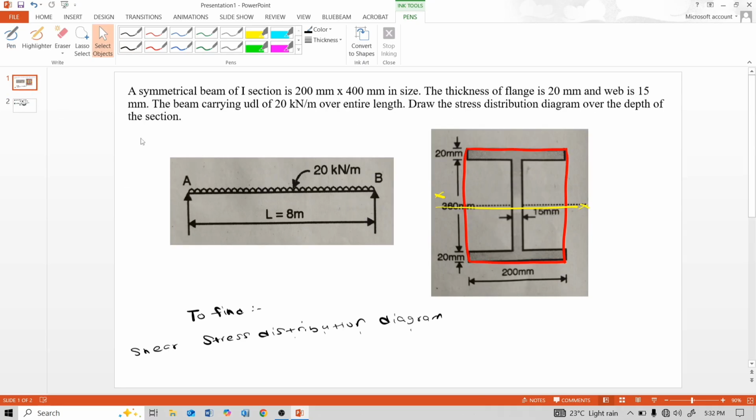So this moment of inertia is for that red color rectangle, but our section is an I section. So subtract this part, this blue color rectangle, and this another blue color second rectangle.